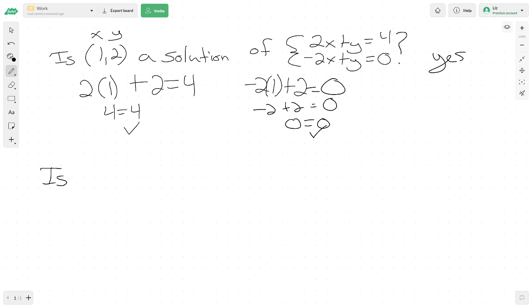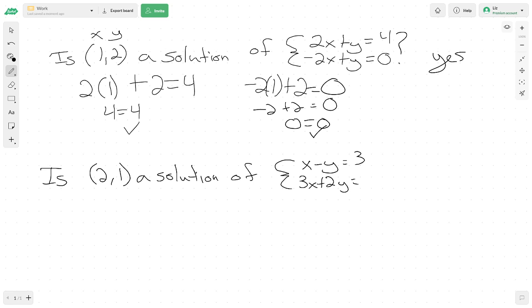What about if we had (2, 1), and we were looking at x minus y equals 3, and 3x plus 2y equals 4.